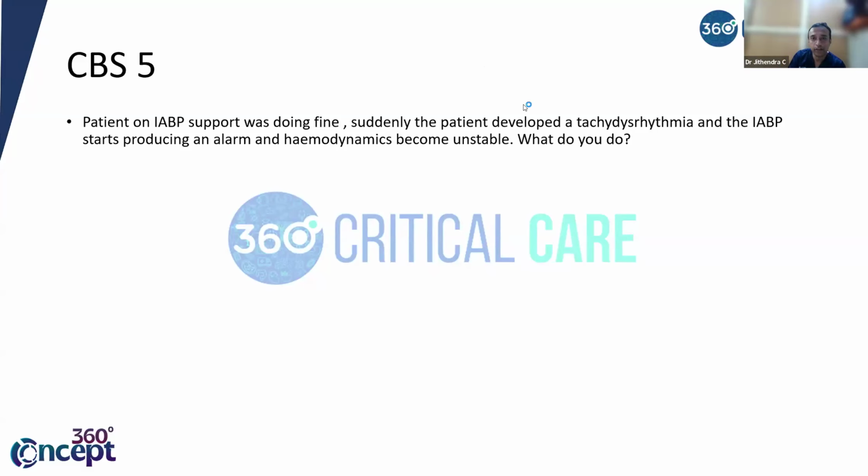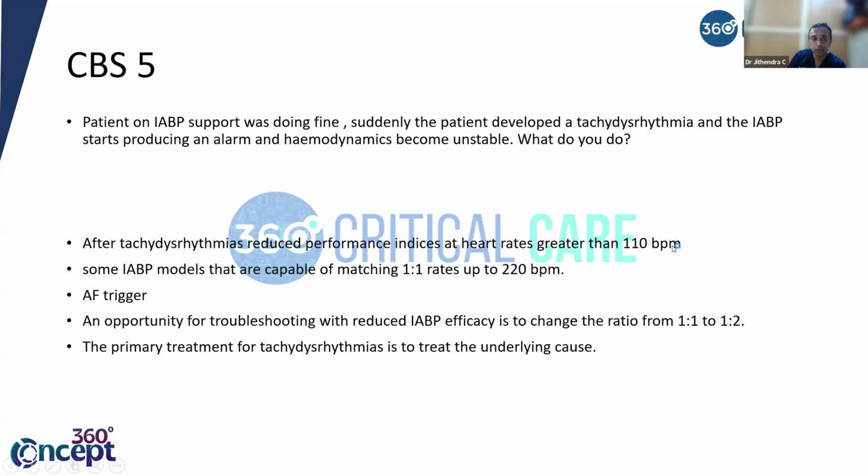AF trigger, yes. So you can put it to AF trigger. Take it up to 110 beats. Usually the IABP will perform well, but only when it goes beyond 110 does it become very difficult for the IABP to get properly triggered. There are some newer IABP machines which will work well even up to 220 beats per minute.